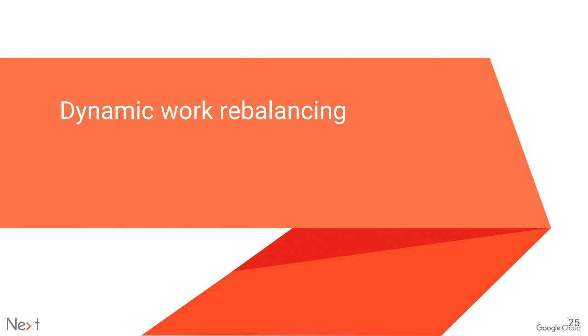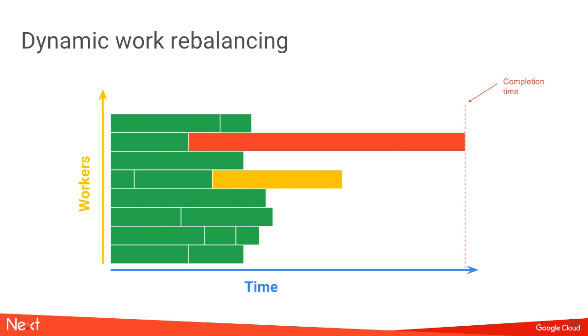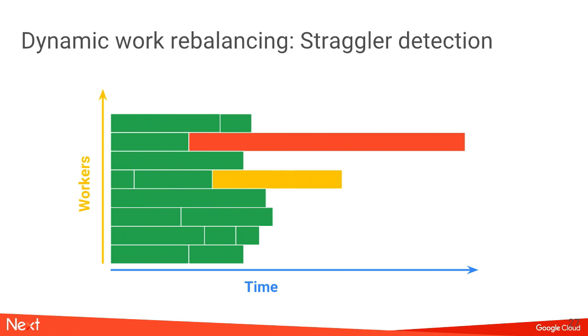To address the issues of stragglers, we employ a technique called dynamic work rebalancing. So how does it work? Looking again at our graph with the straggler, we can see the completion time of this job or stage will be once the red task finishes, right? So what can we do? How can we address this? The first step is straggler detection. You first have to identify a problem so you can solve it, right?